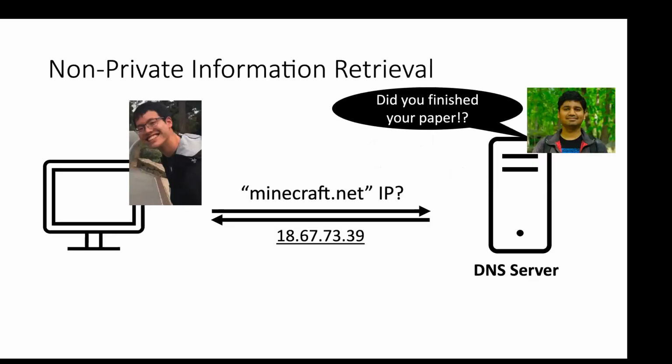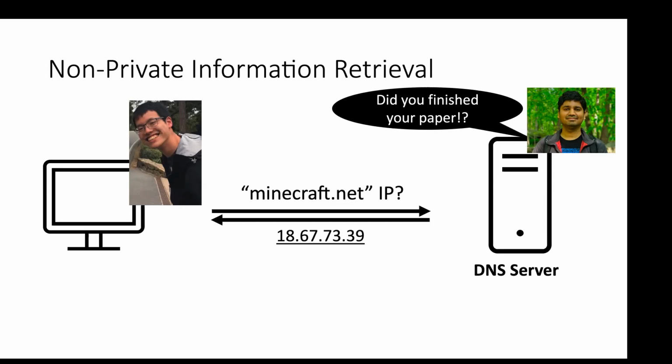Before we talk about private information retrieval, let's talk about what non-private information retrieval is. This is our theory lunch host, Jeff. He is not here today, but he wants to play some Minecraft before he finishes his paper writing. To do that, he needs to fetch the IP address from the DNS server.